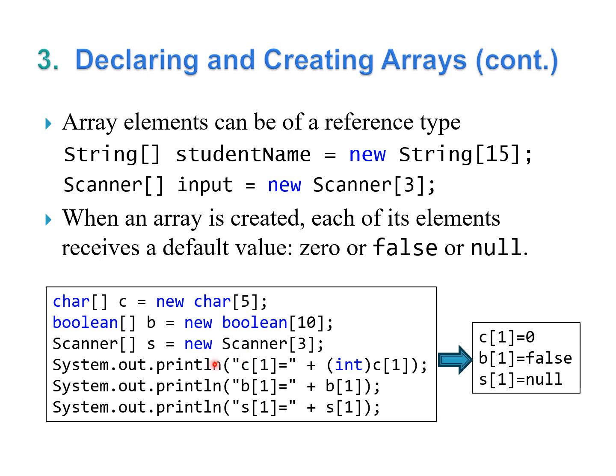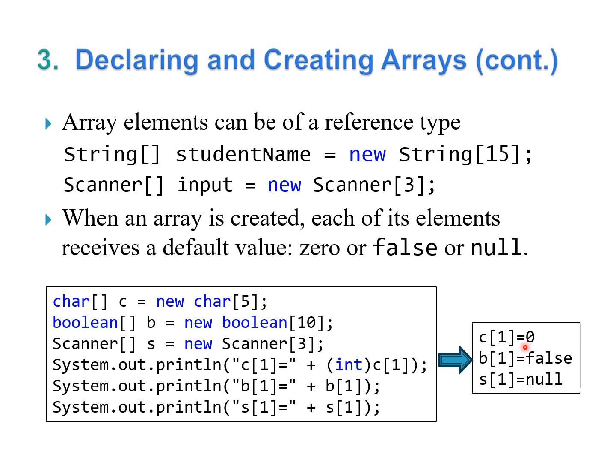In this example, elements of array C are of type char. After the array C is created, the element C1 has value 0. Note that the element C1 is of type char, so its value 0 is the character with the Unicode 0, which is not printable. Therefore, to see the value 0 of C1, we convert it to int before passing it to the println method.